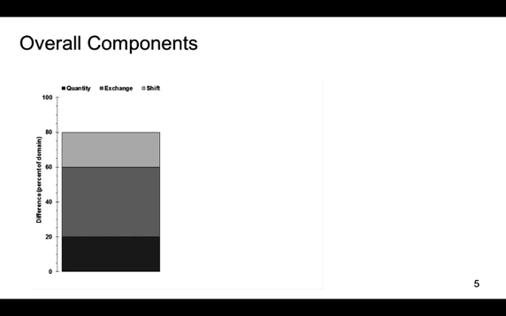In our example, there are 4 pixels of change and 1 pixel of persistence. Therefore, the column shows 80% of the study area changed. The stacked sections indicate the overall amount of quantity, exchange, and shift in the study area. This figure is useful for finding the dominant component of change overall, but it does not provide category level data.